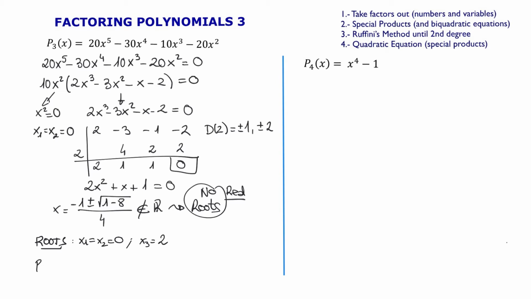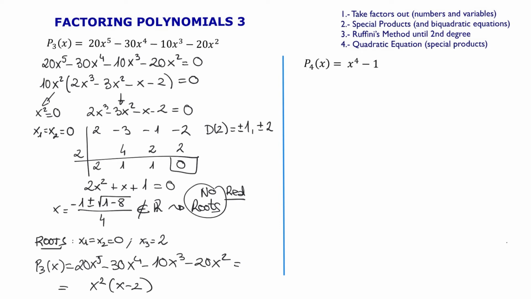When I factor the polynomial P3 of x, which is 20x to the fifth power minus 30x to the fourth minus 10x cubed minus 20x squared, and I write the factors, I have x squared, obviously, and x minus 2. But when we do the multiplication and check the degree of the polynomial, we obtain x squared times x, which is x cubed, and not the fifth power.